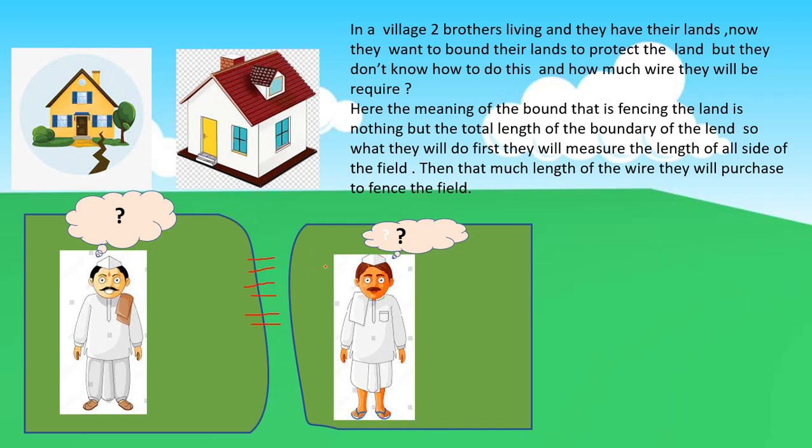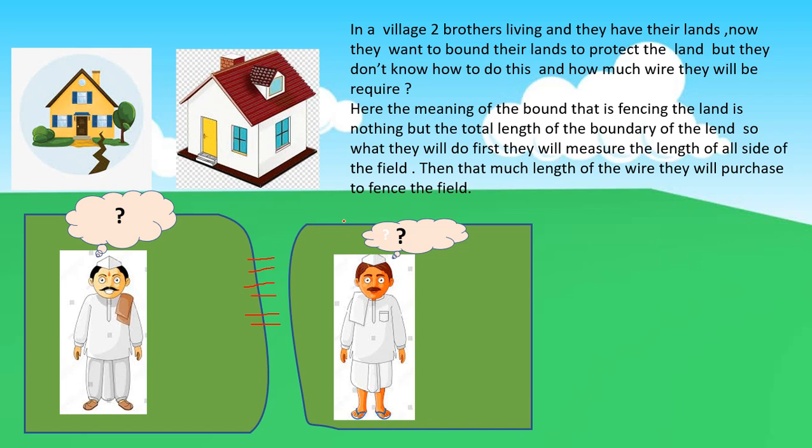Using the wire, that should be bound, or that should fence their land. So here, what is the meaning of the bound? Meaning of the bound, that is fencing. Now here they want to fence their land.